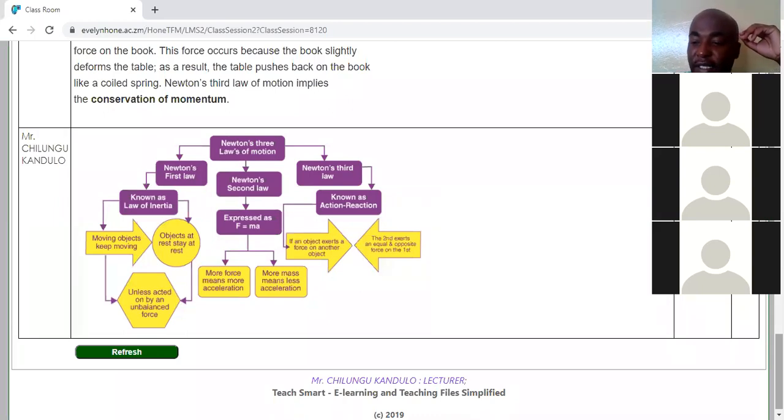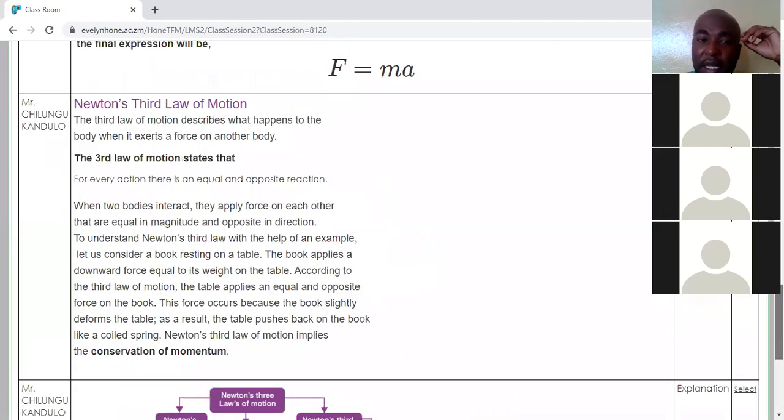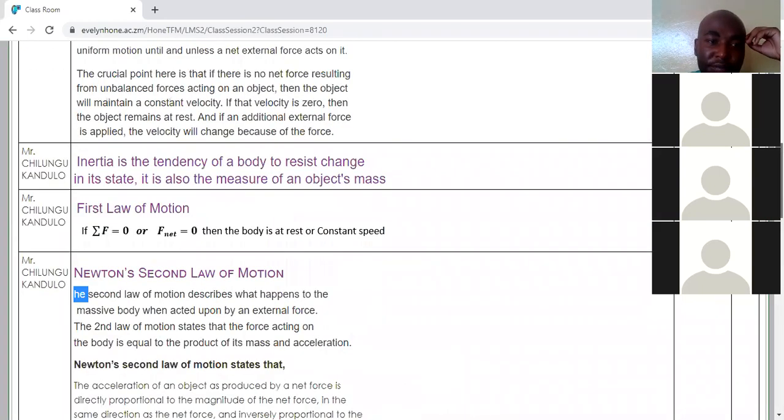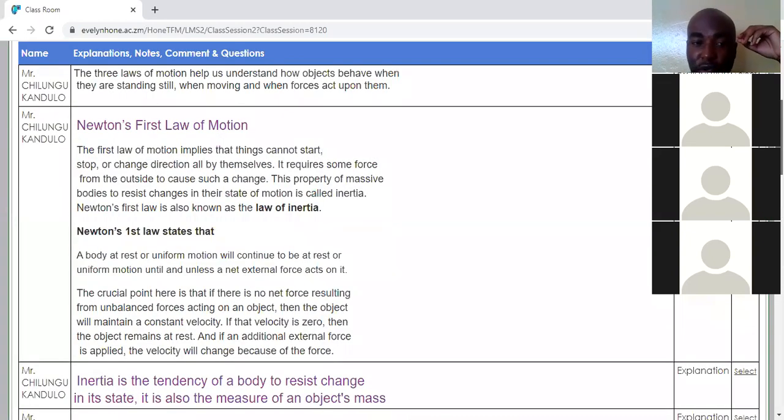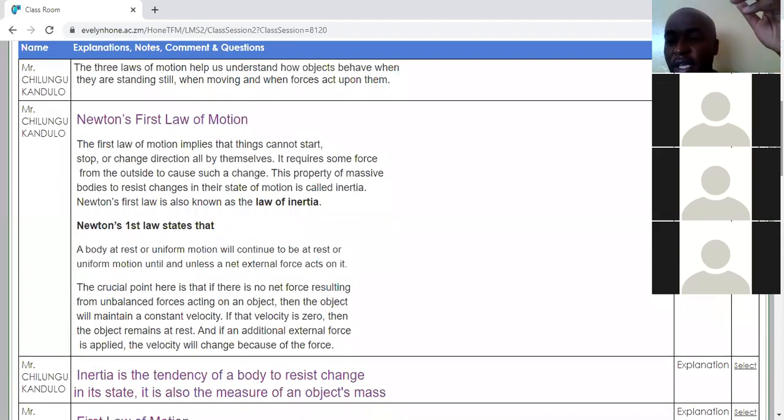When we defined inertia, it is the tendency of a body to resist change in its state. So that's why it's called the law of inertia, because there's always that resistance to change the state. A body in its own nature, depending on its mass, will always resist change. It would love to be the way it is.